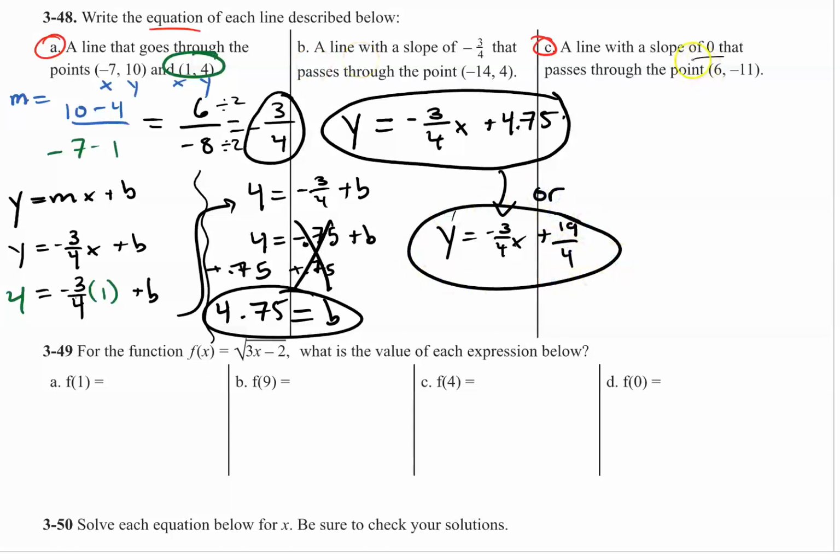A line with a slope of 0 that passes through the point 6, negative 11. So they give you the slope, y equals mx plus b. That's going to be y equals 0x plus b. And if you plug in x and y, x is 6, y is negative 11.